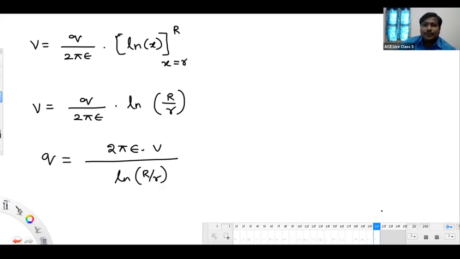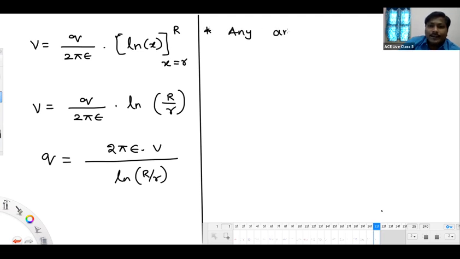That you substitute in the Ex equation. Ex, electric field intensity at any point x in the cable cross section.